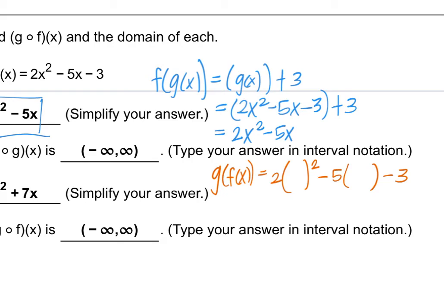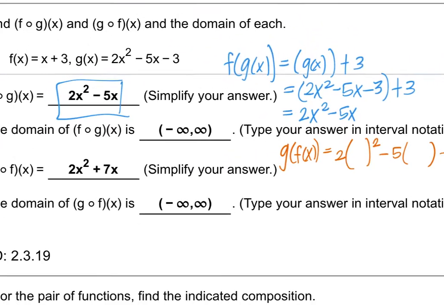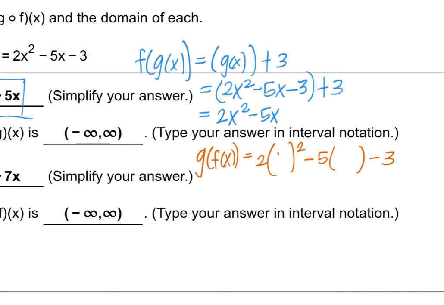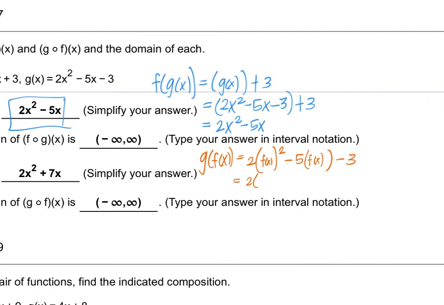So what is that something? That something is f of x. I'll just say f of x right here, and we'll come down in a later step and write down what f of x actually is. F of x is x plus 3.